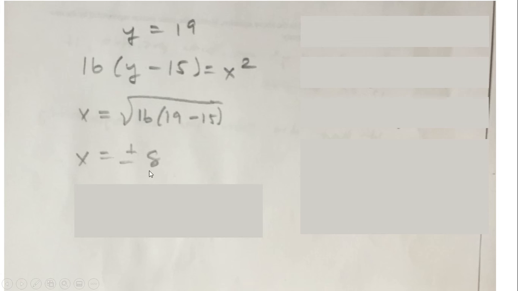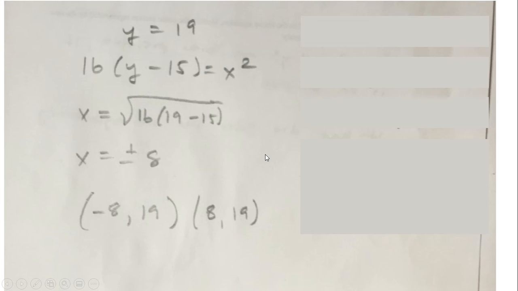That's the square root of 64, gives me plus or minus 8. So these are my 2 points where the car would enter the circle of the radio station either at negative 8, 19 or positive 8, 19.